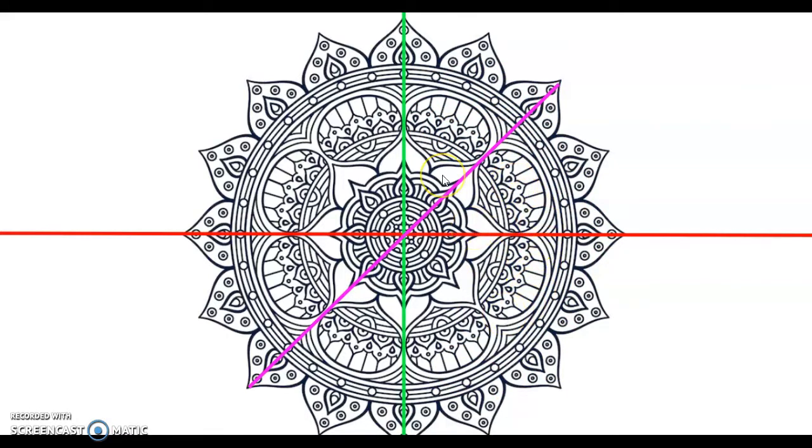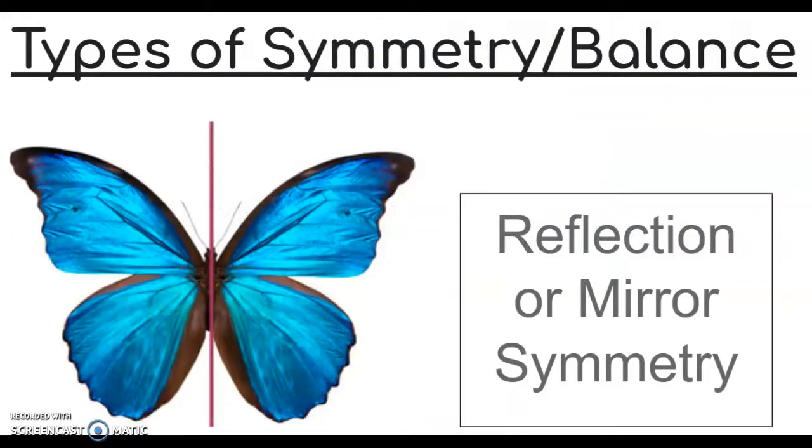Now there are ways to do this where each piece doesn't have to be exactly the same and it's still radially symmetrical. And if you can figure out how to do that, and if this intrigues you, then I encourage you to do that, but I won't get too far into the advanced way to do it. Alright. More lines. Symmetry, yay! We learned about that yesterday. So just to review, yesterday we talked about symmetrical balance and asymmetrical balance.